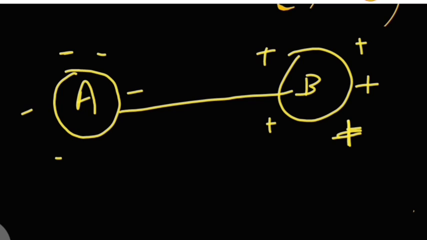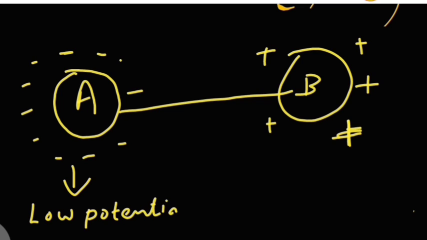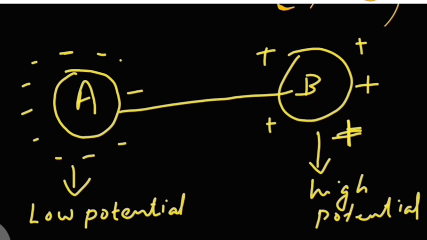Wherever there are more negative charges, we say it is a region of low potential, because we consider negative charge to be at low potential. And the positive charge we consider to be at high potential. Got it? Positive charge is at a higher potential and negative charge at a lower potential.